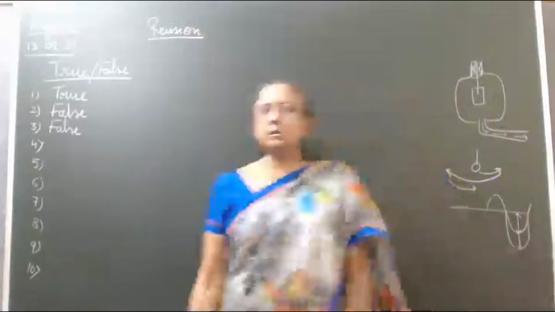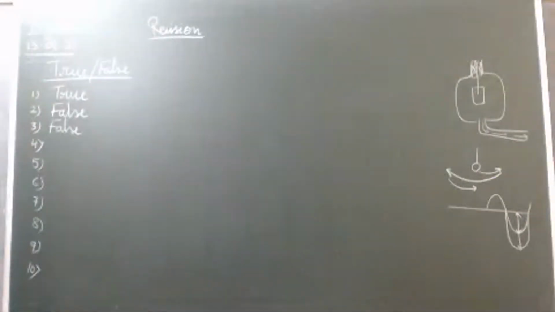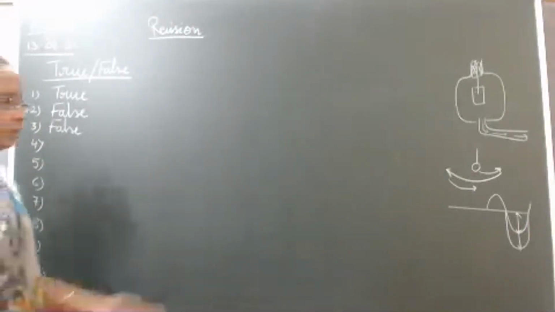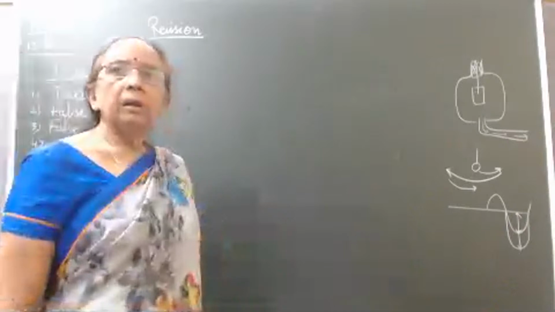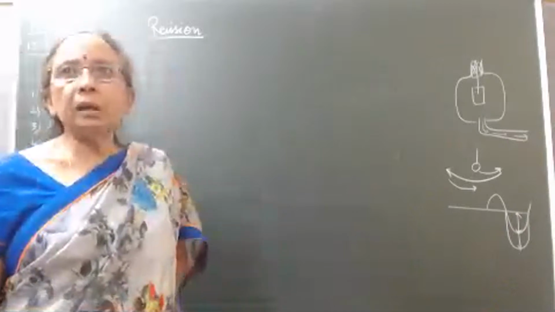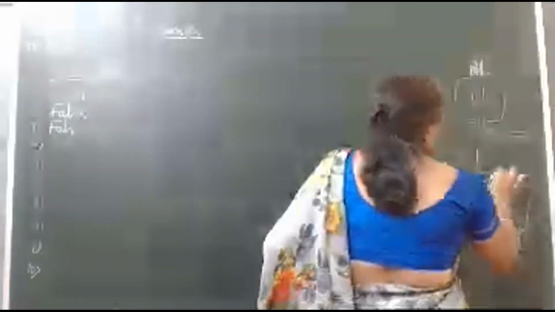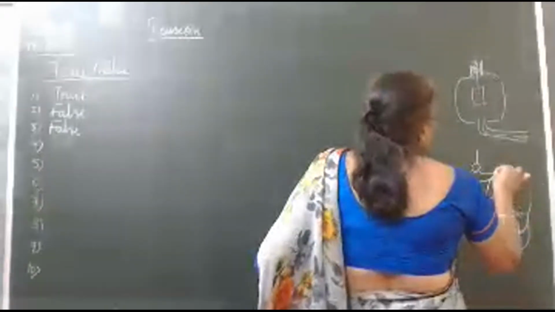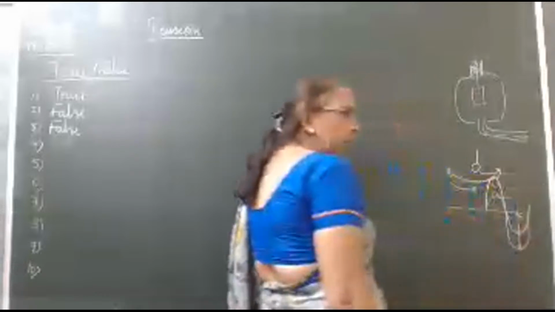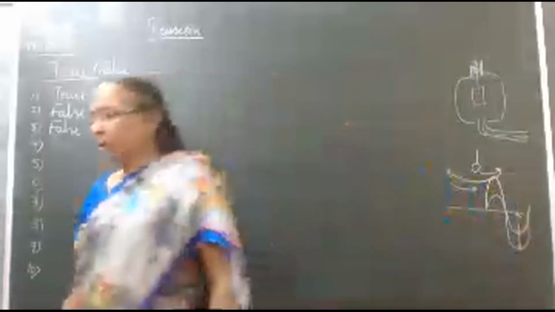But in your true false, it says if the amplitude is more, then sound is feeble, which reverses it. So it is false. Again, I request those who are absent for the class, listen and try to understand the reason behind that. If the amplitude is more, then the sound will be more. So it is false.